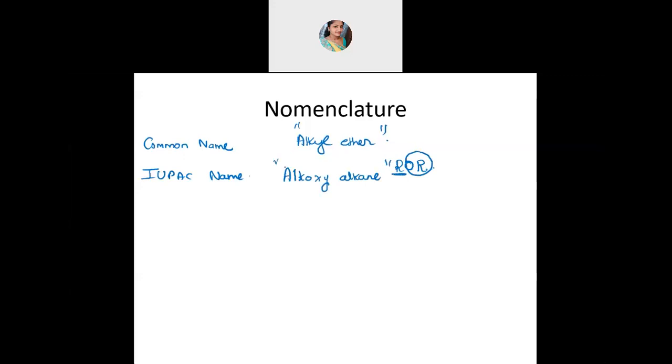When I'm doing the compounds, you will understand how to name this. Just write down: common name is alkyl ether, but you will not have one alkyl group, there are two alkyl groups. So alkyl ether is the name. IUPAC name, you write alkoxy alkane.